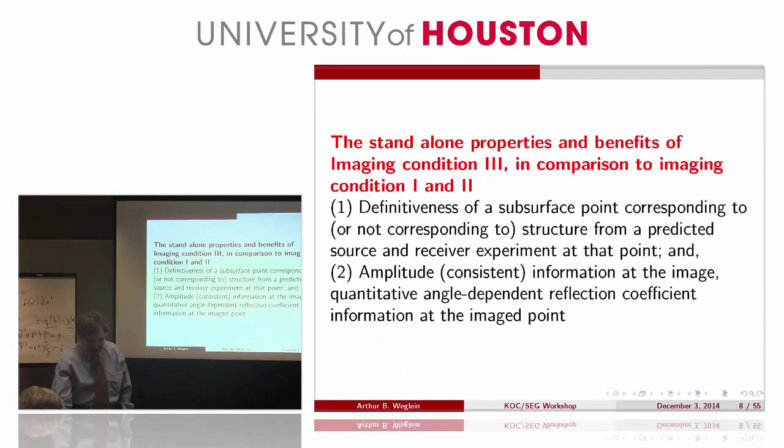The other point is that there's something very definitive in Claerbout III. You have an experiment at a point. You bring a source and receiver there, and it asks the question: when they're together and you ask for t equals 0, does it have a non-zero value? If you have a source and receiver here, and the reflector is there, at t equals 0 you're going to get 0, because there's no reflector at this point.